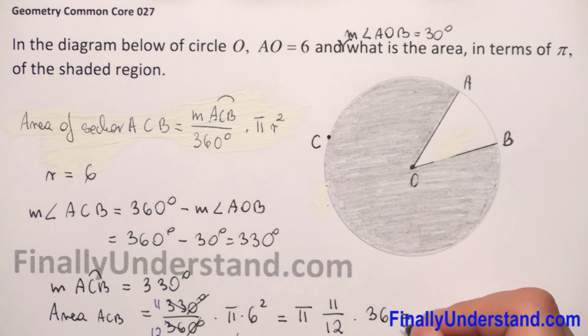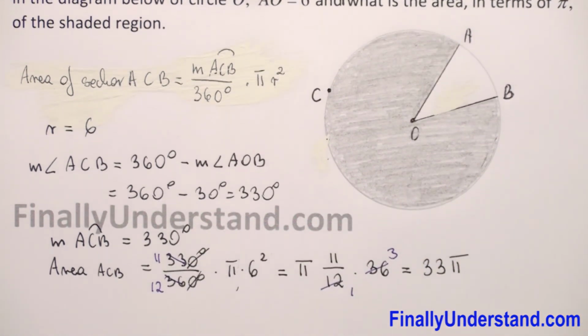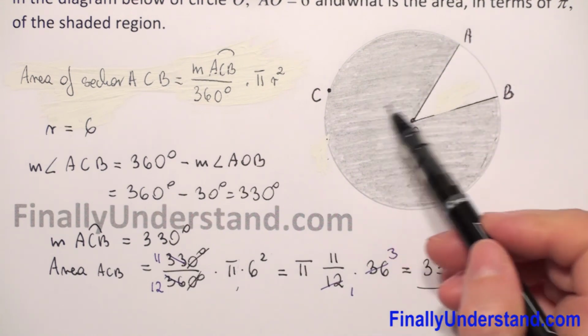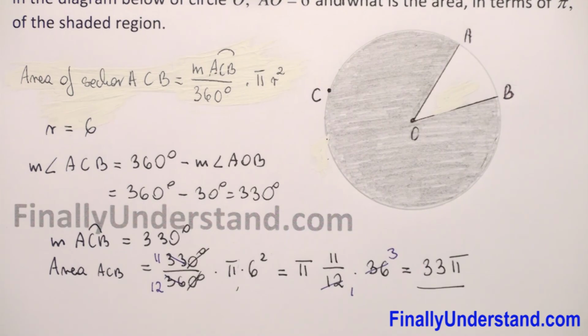So this is equal, 36 and 12 we can reduce. This is 1 and 3. So this is 11 times 3, so this is 33 pi. We found the area of our shaded part of the circle.